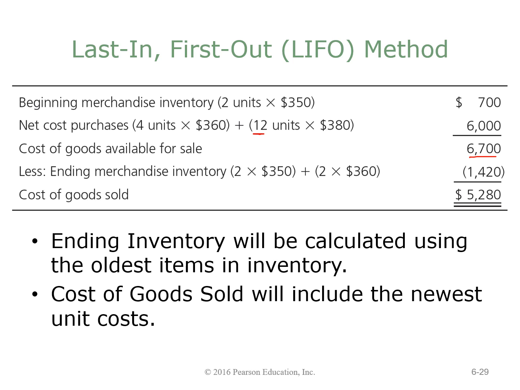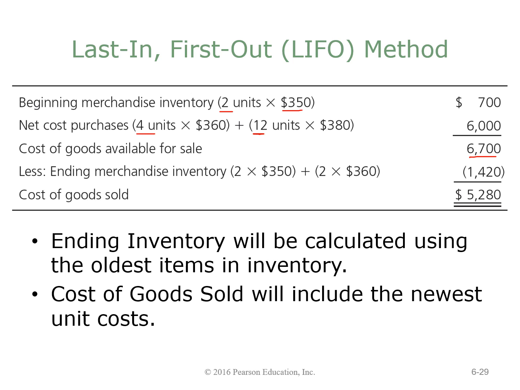Okay, so actually I sold 10, so the remaining from that one is 2 units by 380, and I have the last 10 first out, so we sold the 12, so the remaining will be 2 units of 360 and 2 units of the 350, which is 1,420.